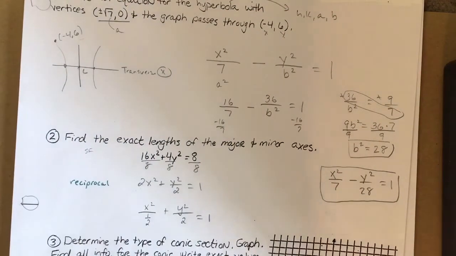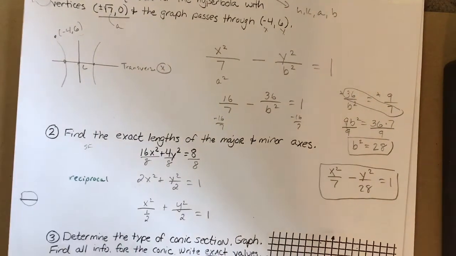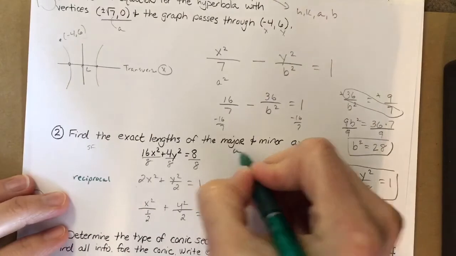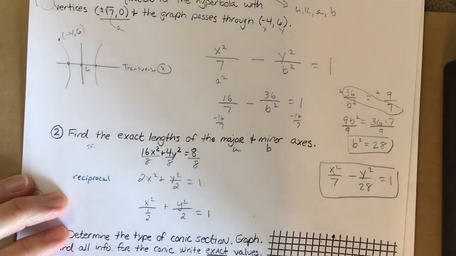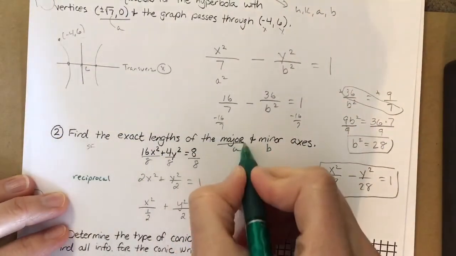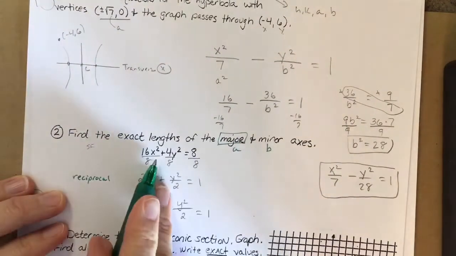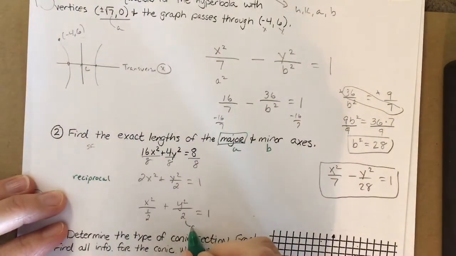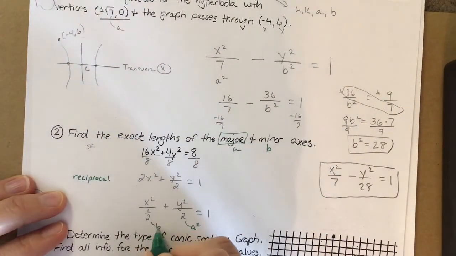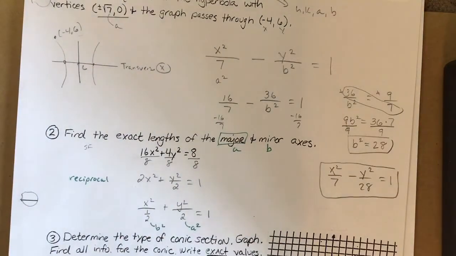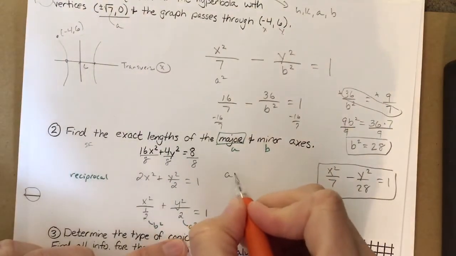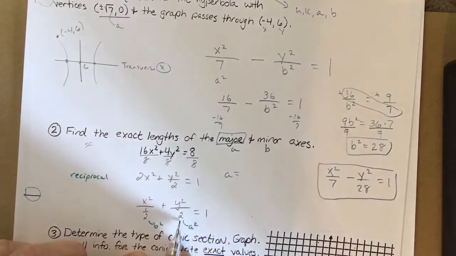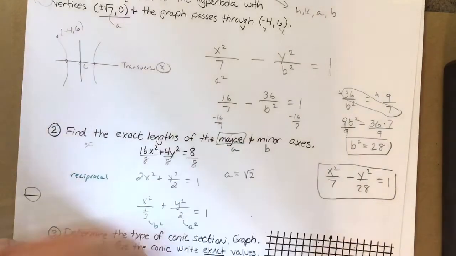All right. So now, major I need a, minor I need b. Well, a is the longest for an ellipse, so this would be a squared. This is b squared. So what's a? A is square root of 2.